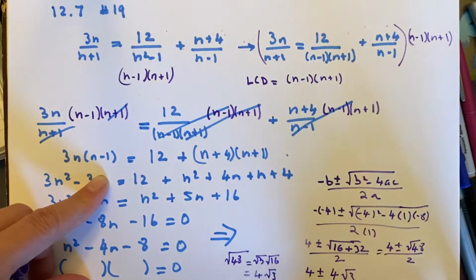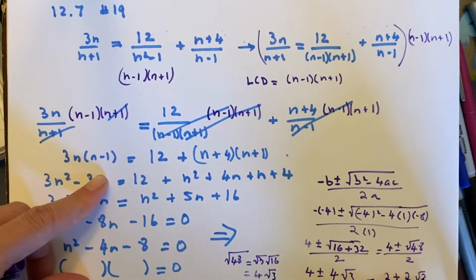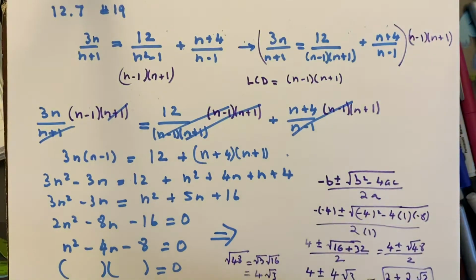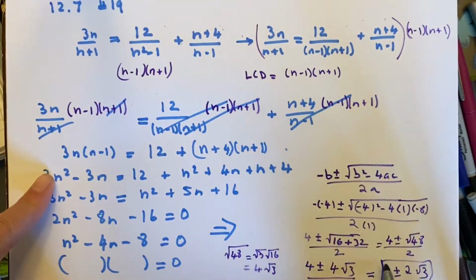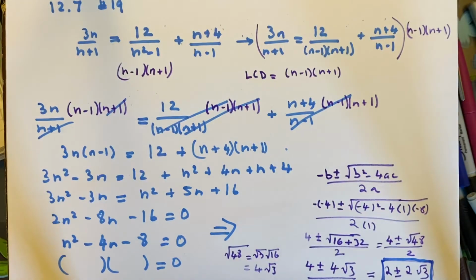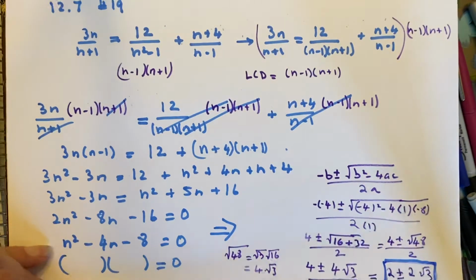This 4 divided by 2, so I end up with 2 plus or minus 2 square root of 3. And that is my answer. So that is the solution, the very long solution to number 19 in 12.7.